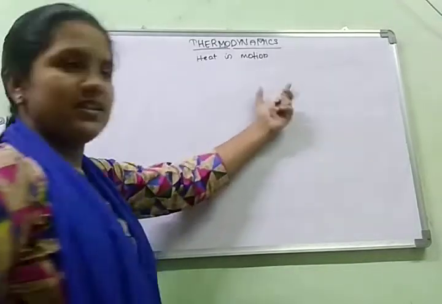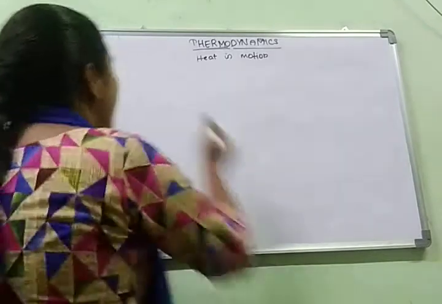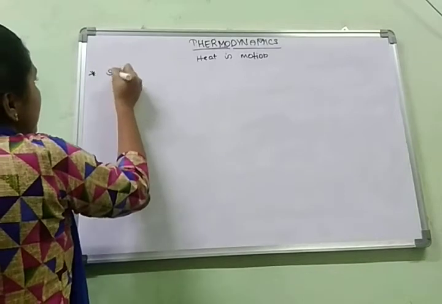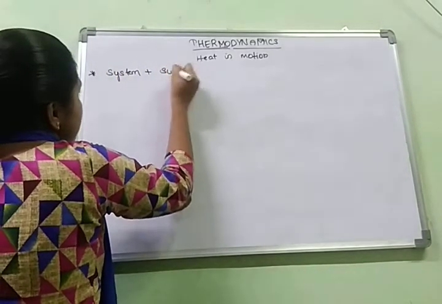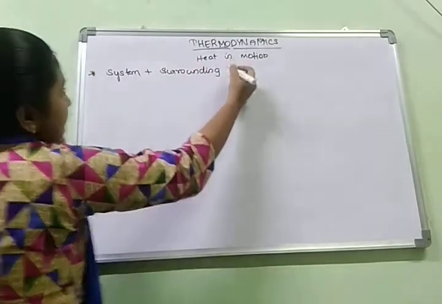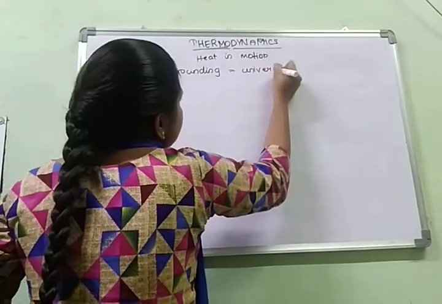So, let's start this chapter with one of the equations. The equation is system plus surrounding is equal to universe.